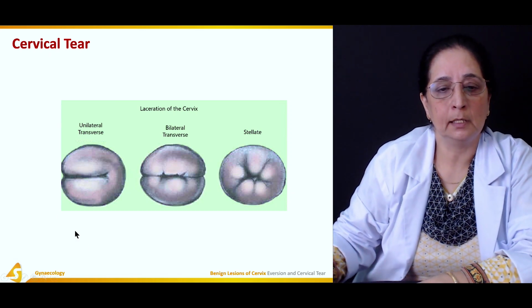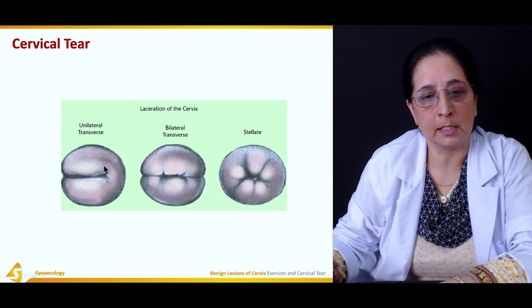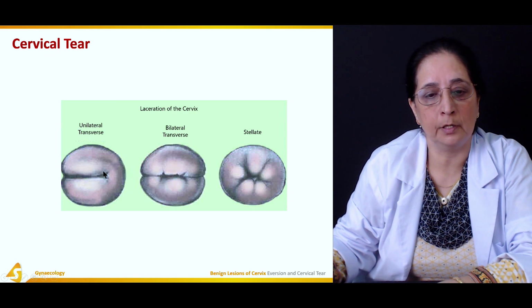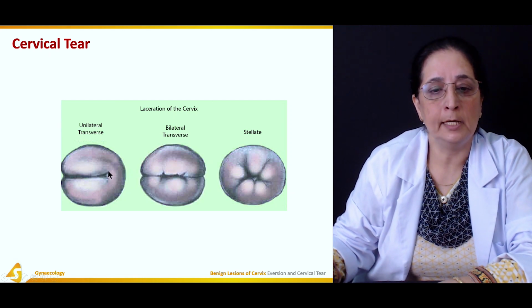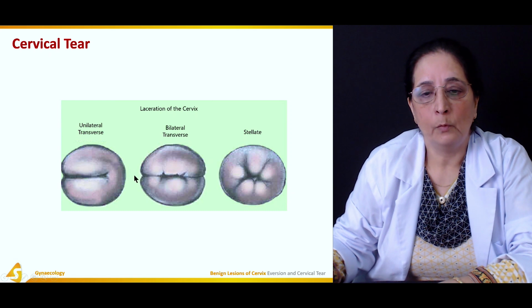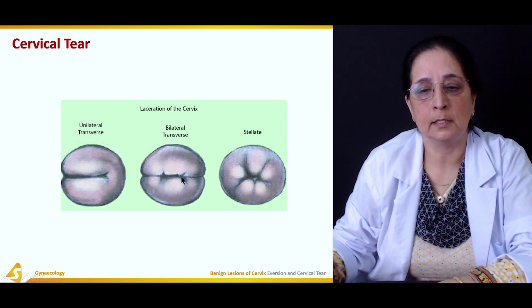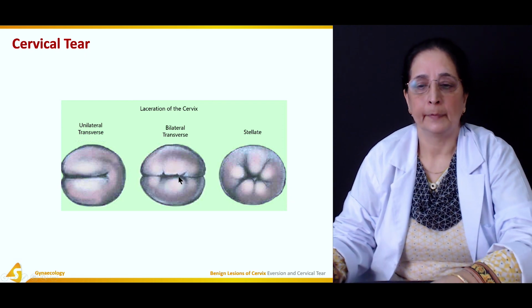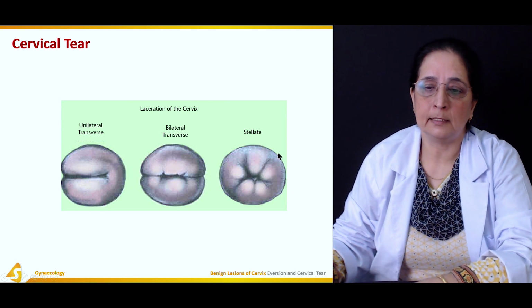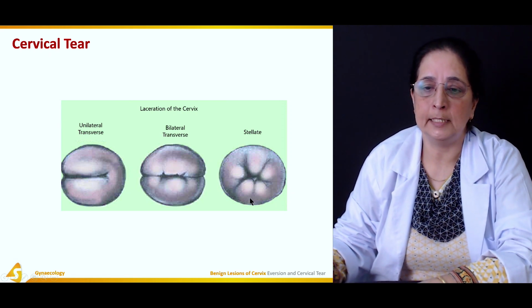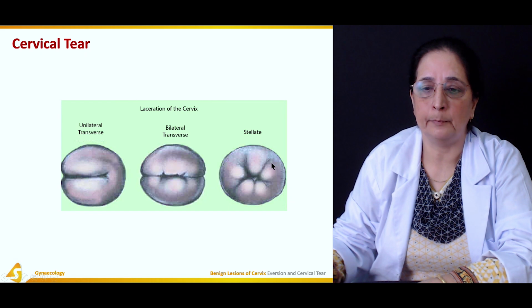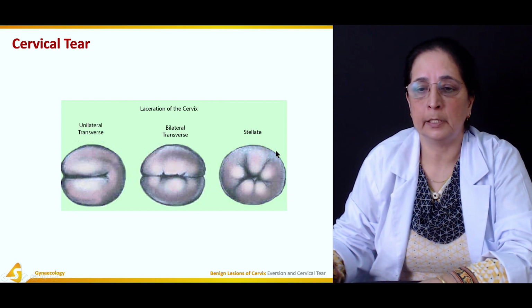This is a unilateral transverse laceration or tear of the cervix, when only one side is involved. When a tear is present on both sides, this is the bilateral transverse cervical tear. The stellate type is star-shaped, with a radiating type of tear. Here you can see all these are star-shaped tears.